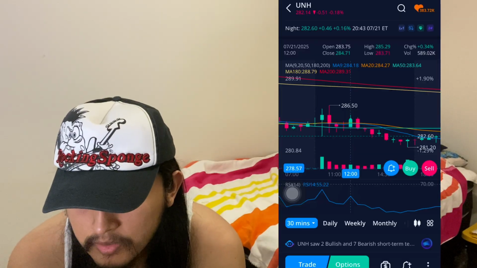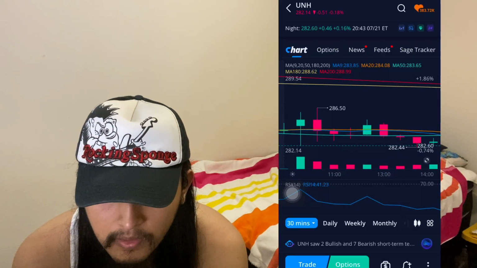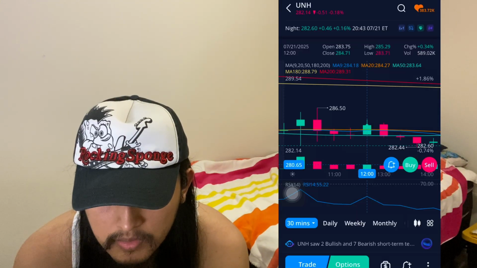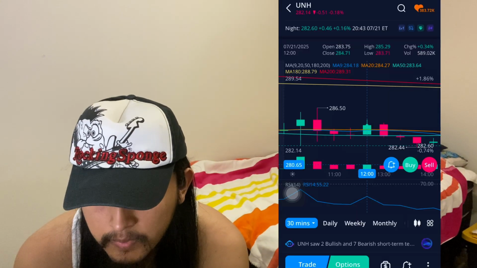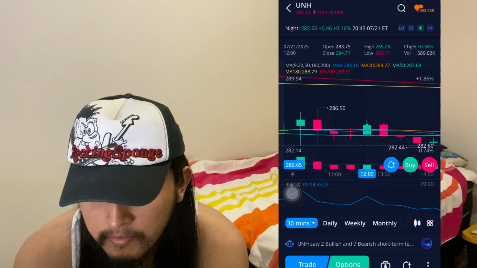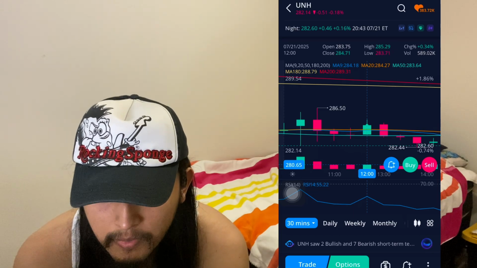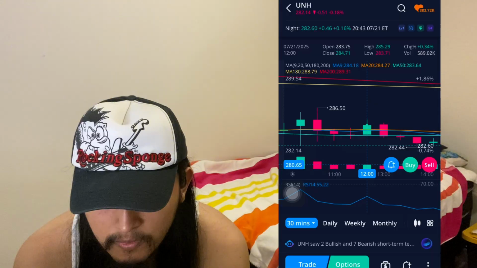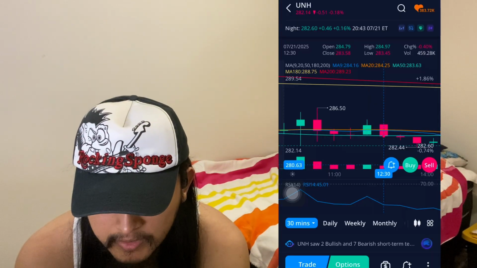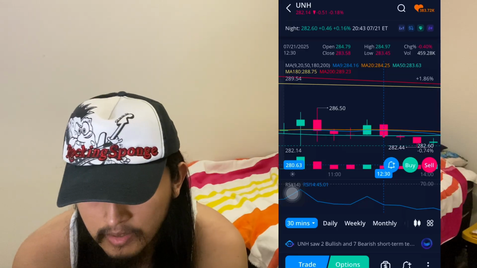So as soon as I see that, okay, here on the 12 candle, UNH is approaching the 20-day moving average, I'm going to play puts because the 9-day moving average is currently below the 20-day moving average. Now my selling point would be on the next candle when UNH approaches the 50-day moving average. That would be my exit point to sell out the position.